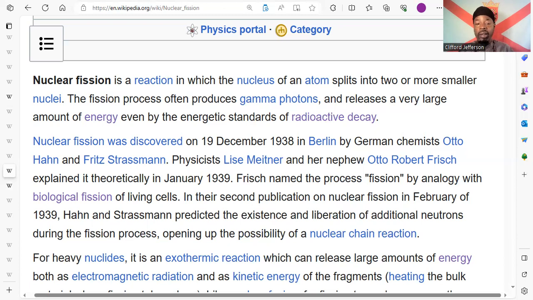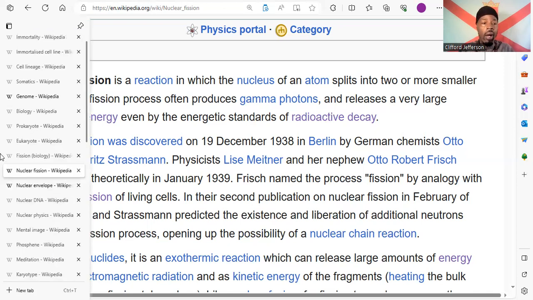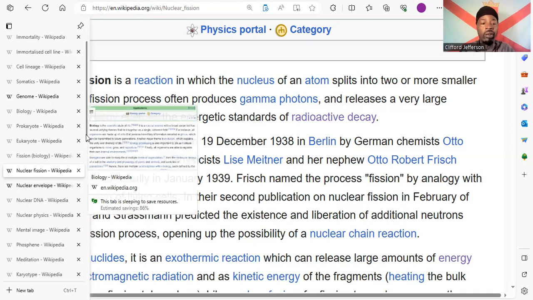I didn't say that; that's what the physicists said. And we know nuclear fission is the reaction in which the nucleus of an atom splits into smaller nuclei, and that's what we call karyotypes when cells divide.